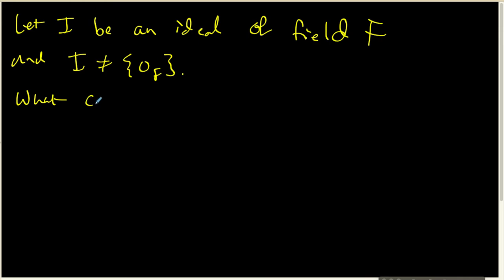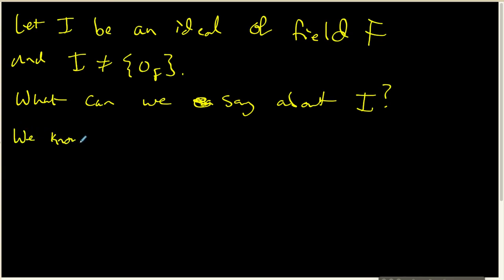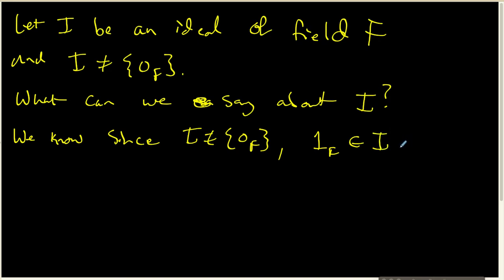What can we say about our ideal I? Well, the very first thing is we already know that since I is not the trivial ideal containing just the zero, the 1 inside the field does belong to our ideal I.